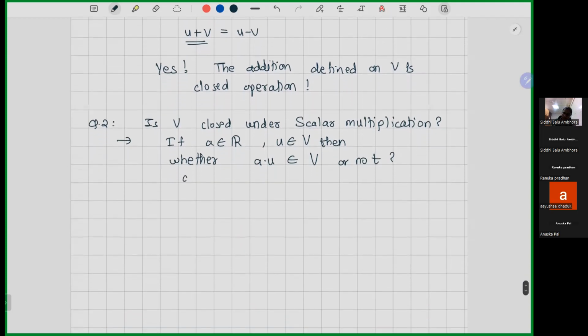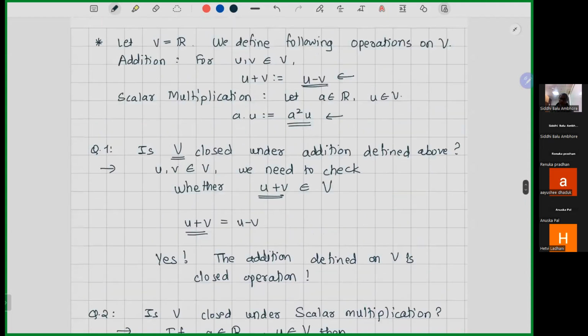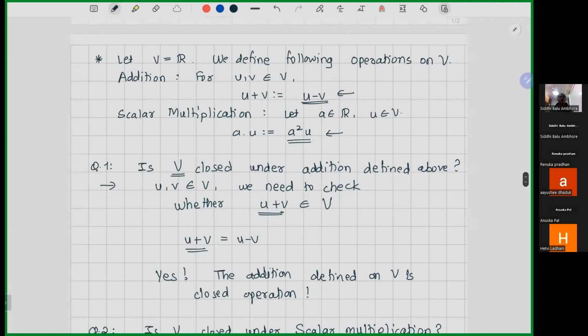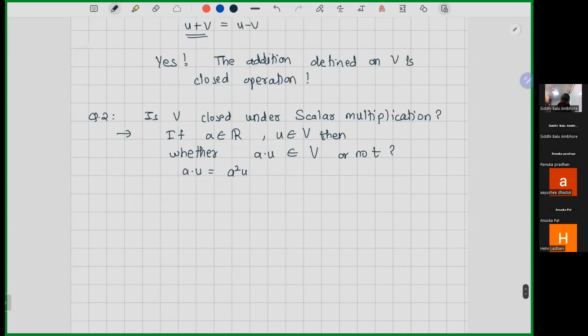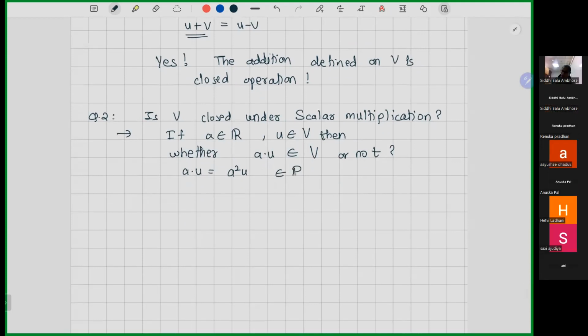But what is a dot u? It is a square u, right, as per our definition here. So a square into u in real numbers belongs to R because multiplication is a closed operation in R. So that's why again this scalar multiplication which we have defined on V is closed.